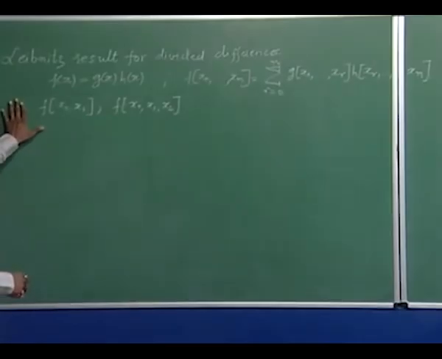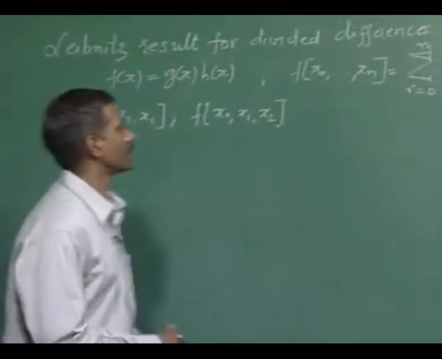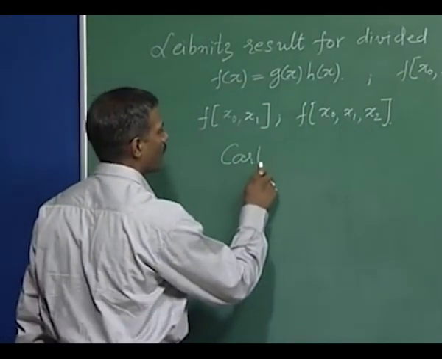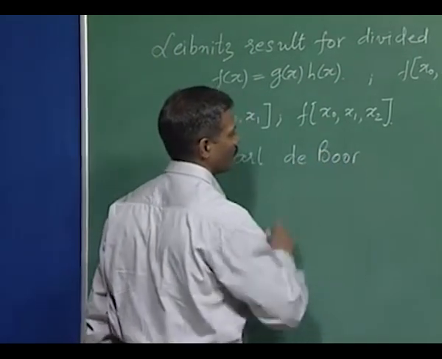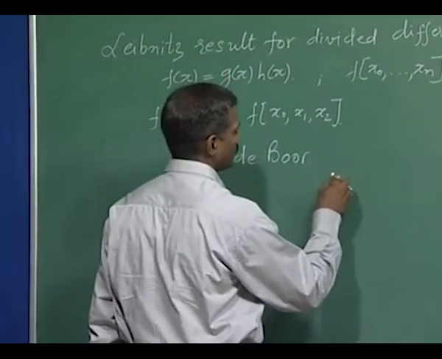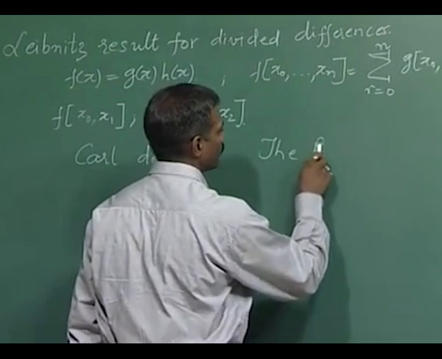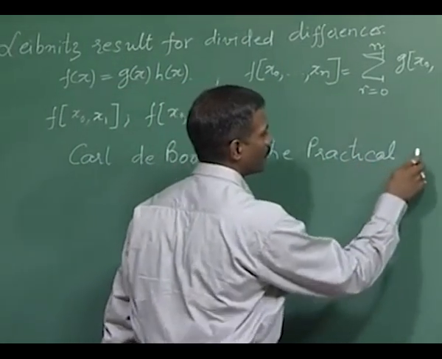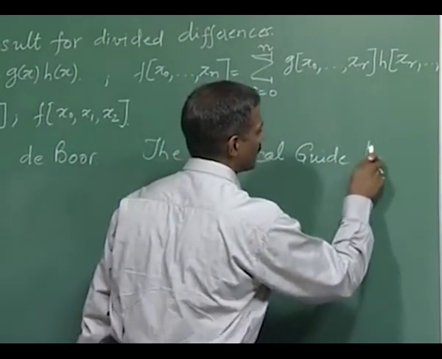Today I'll try to give you a general proof of this statement. This proof is from Carl de Boor. The book is called A Practical Guide to Splines.